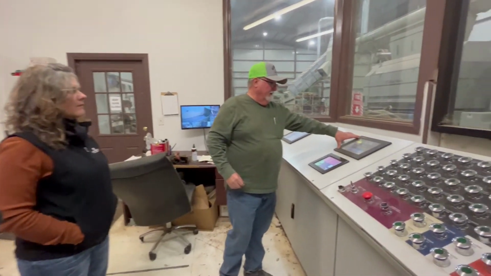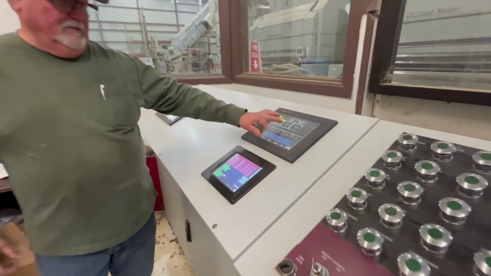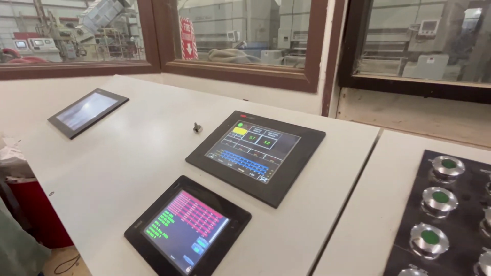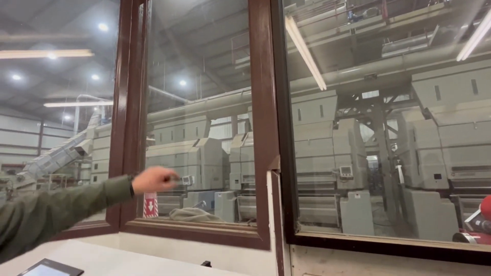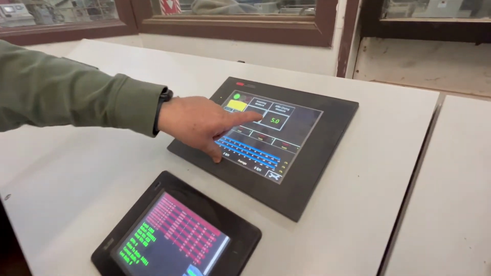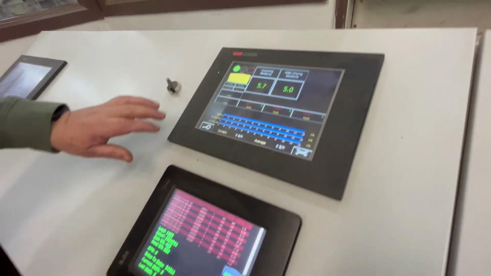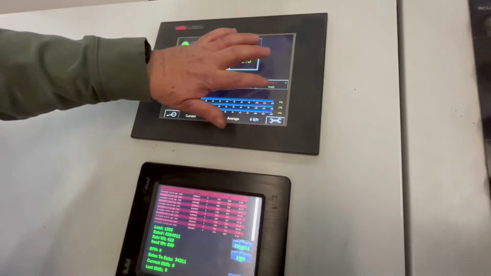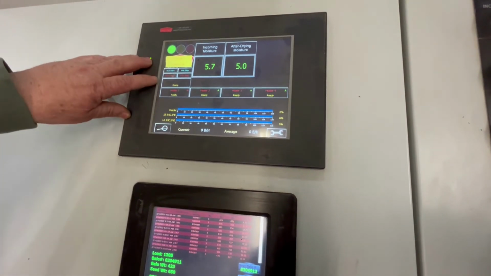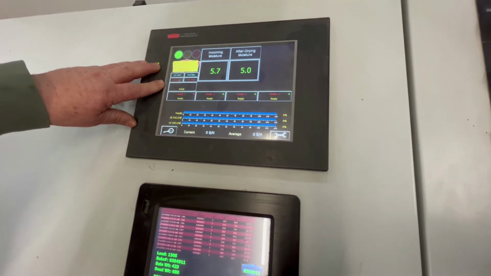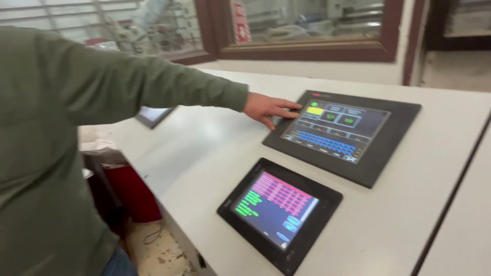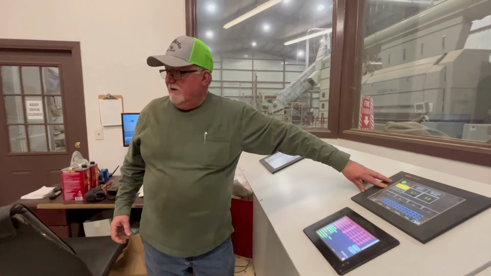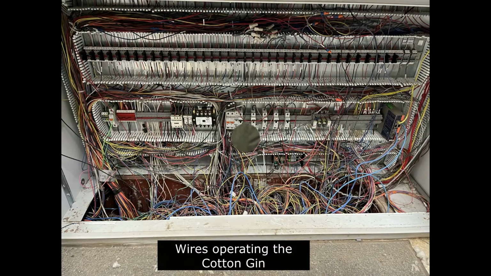This right here tells us our incoming moisture. Then we got a sensor right behind that stand, and this one up there tells us how dry we got it. And this is all our heaters. We've got what we call a moisture unit. The U.S. government allows us to put up to 7% moisture back in the cotton.